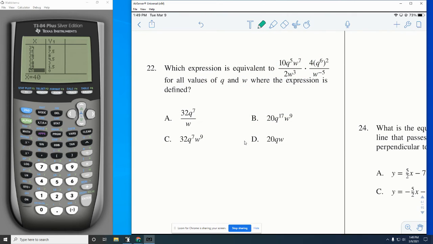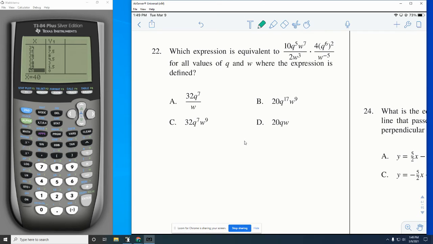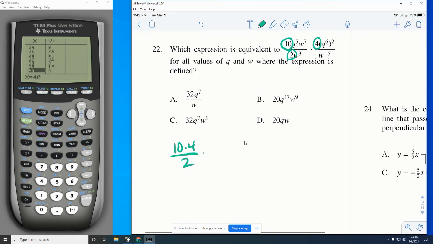So number 22, everybody's favorite with exponents: which expression is equivalent to all of that for all values of q and w where the expression is defined. The first thing I'm going to do is deal with my big numbers. Big numbers, I have 10, 4, and 2. So 10 and 4 on the top, 2 on the bottom.